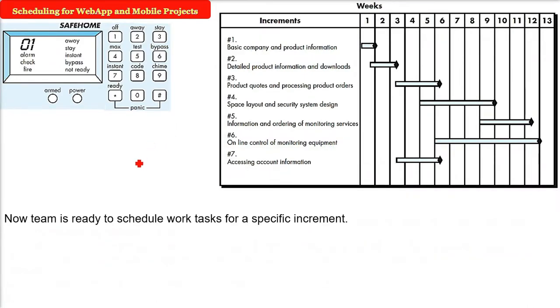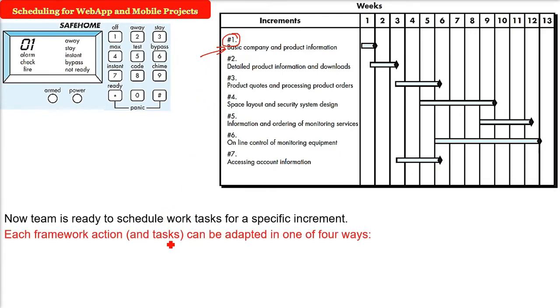So now the team is ready to schedule work tasks. For every increment, we have to find out the tasks. How many tasks are required to actually complete this increment? So each framework action and task can be adapted in different ways, one of 4 ways actually. You have chosen a task and this is applied. You have finalized it and applied.